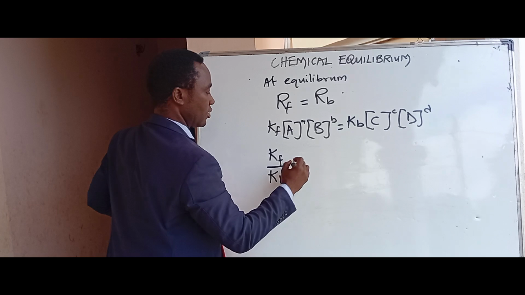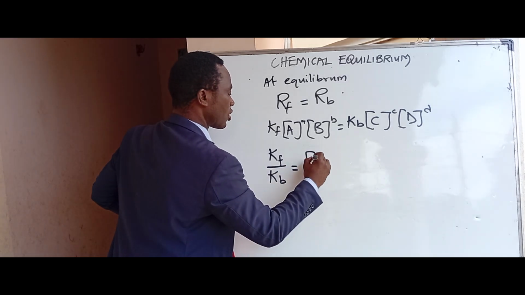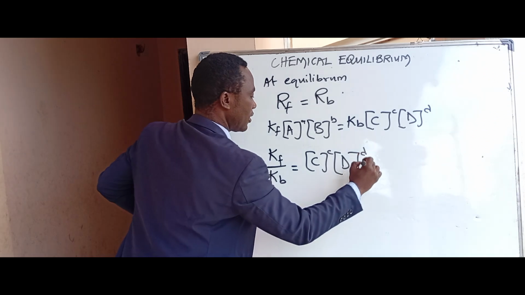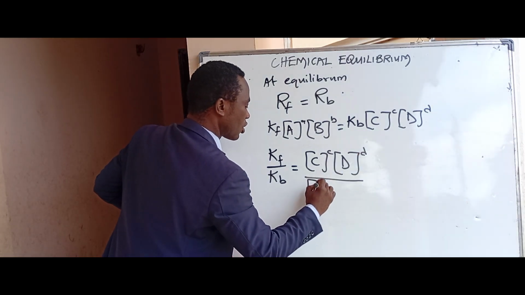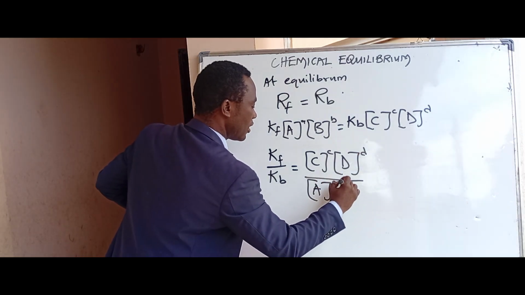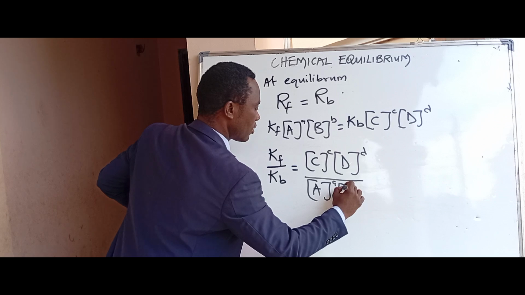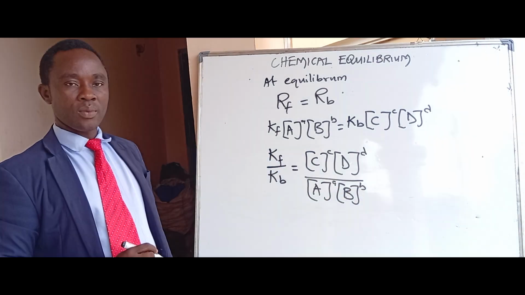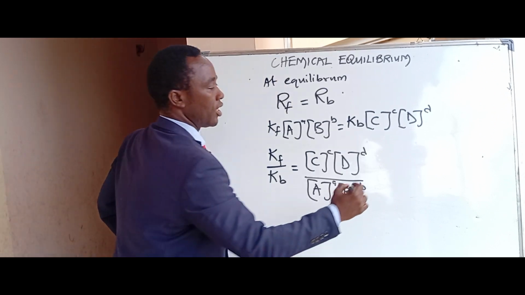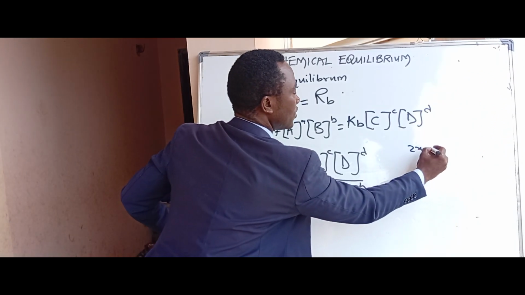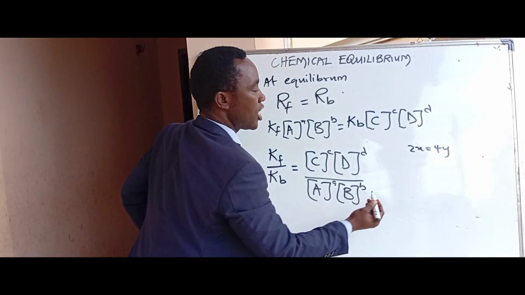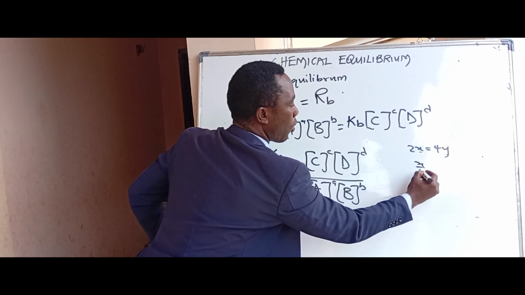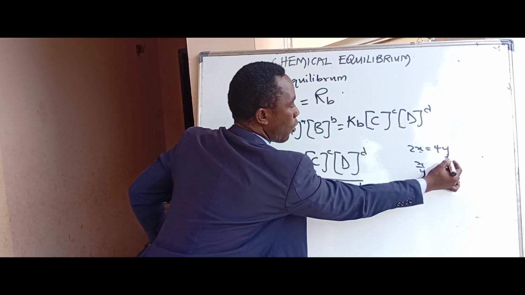This over this will equal the concentration of C raised to power c, concentration of D raised to power d, divided by the concentration of A raised to power a, concentration of B raised to power b. Remember, in mathematics, if you say 2x equals 4y, and you want to take the ratio of x over y, we are doing x divided by y.